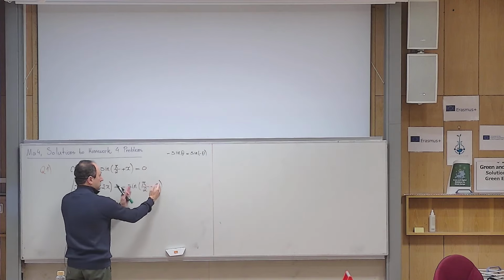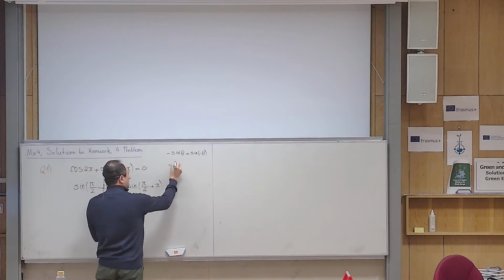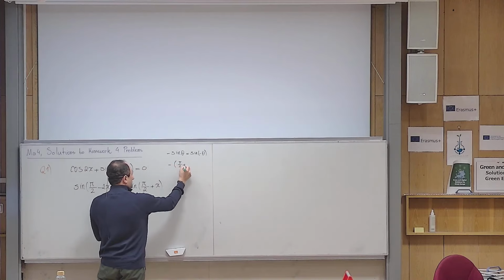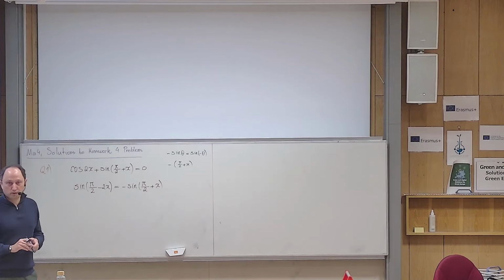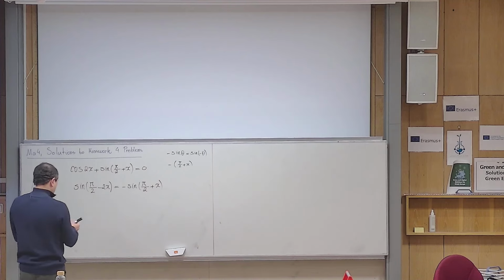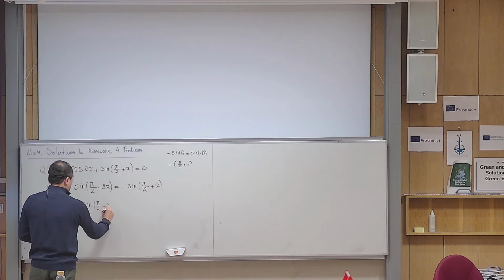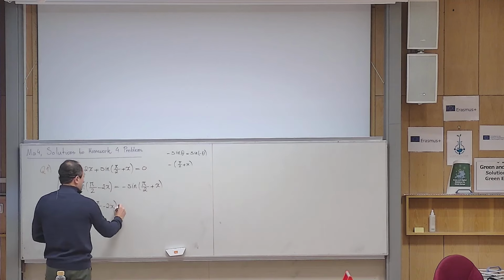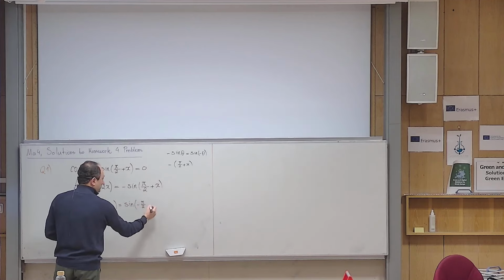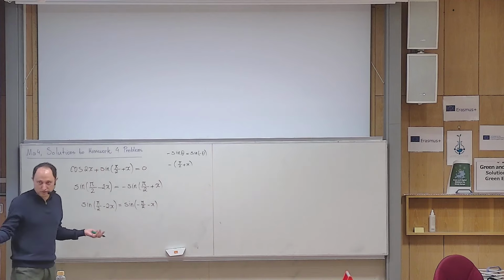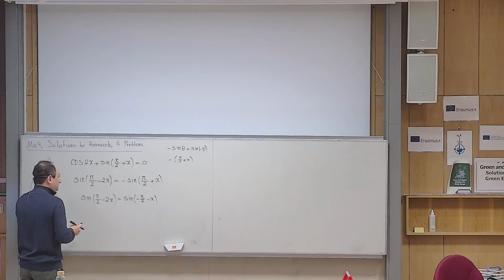So when you multiply that minus sign, both terms become negative. So we have sine of pi over 2 minus 2x, and I move the sign in. I'm not saying this is the only way, but it works, because everything is correct.